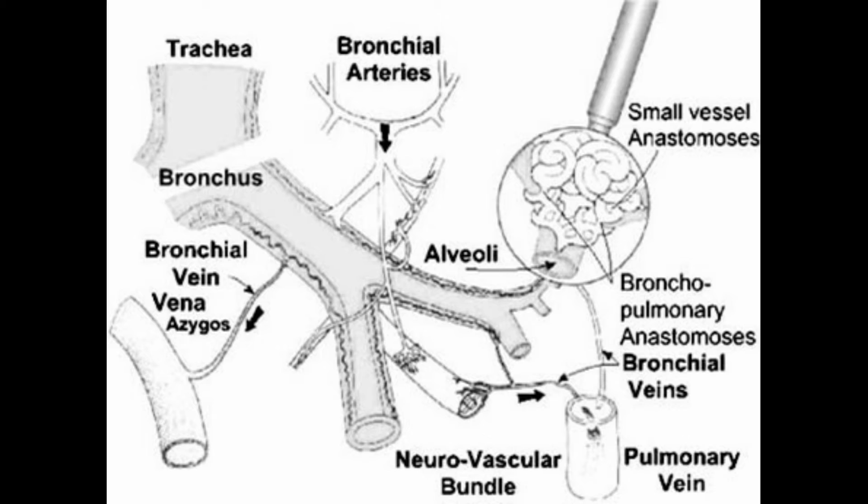And this subepithelial vascular plexus also serves to warm the inhaled air. Branches from this plexus are also given to form the vasa vasorum of pulmonary vessels. Vasa vasorum is simply small blood vessels.